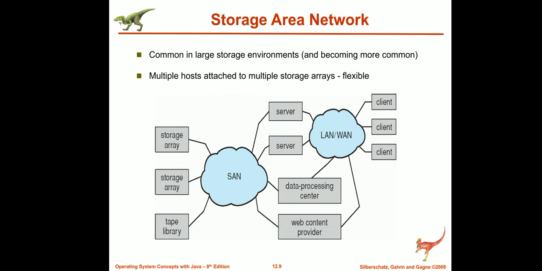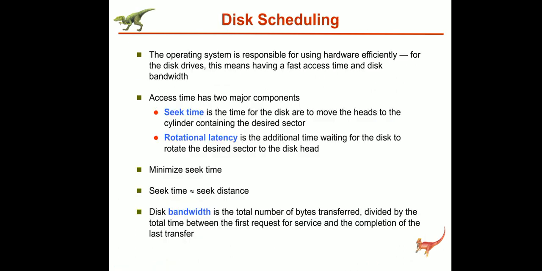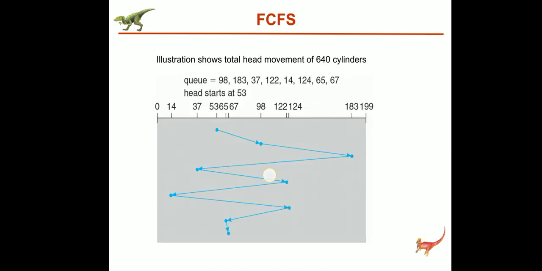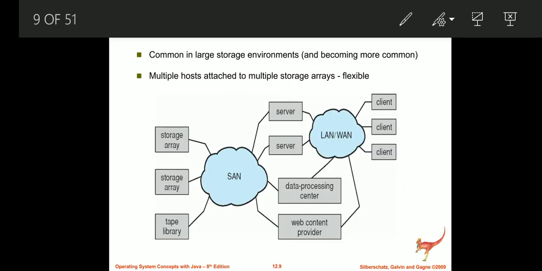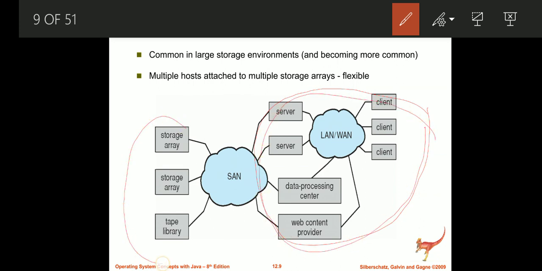And also these servers and clients can communicate over LAN or WAN. This part can be our NAS. But you can observe that this whole thing can communicate with these storage arrays over the storage area network.